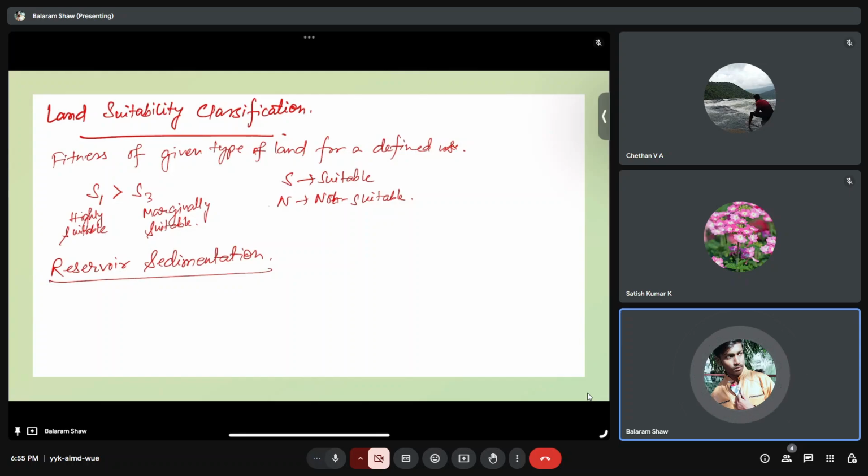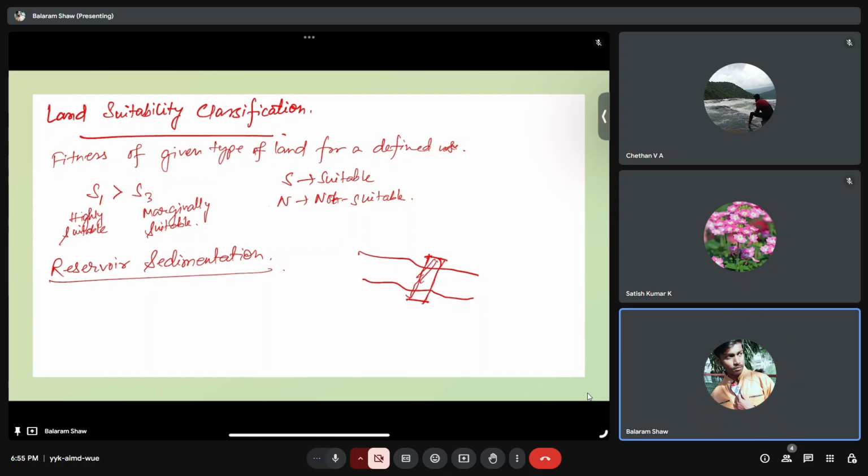Okay, so we know we do some construction of reservoirs in some of the river sections, and this construction of the reservoir will impede the sediment flow downstream, causing sediment accumulation. Because let's say if some river is flowing something like this, and you blocked this way by making a reservoir, or you have increased the area of this. So what will happen because of this?